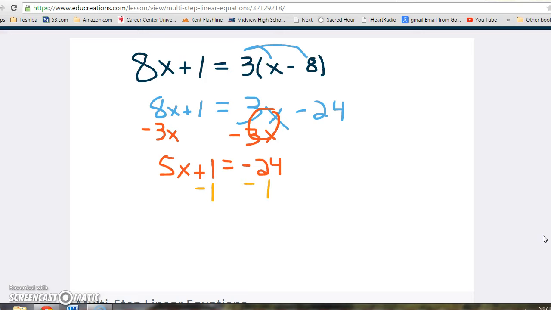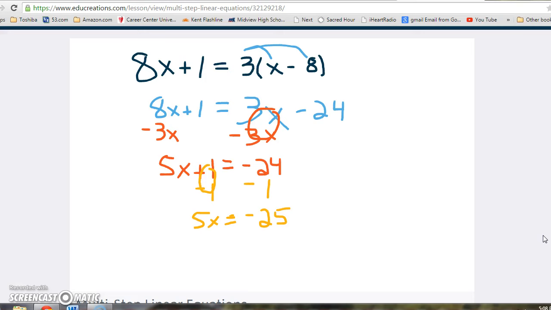So I'm going to subtract 1, because positive 1 minus 1 is 0 again. So they cancel each other out. Still have 5x on the left side. And now we have negative 25 over here on the right side.